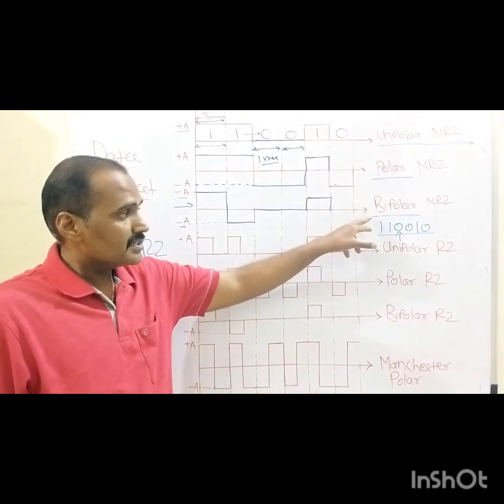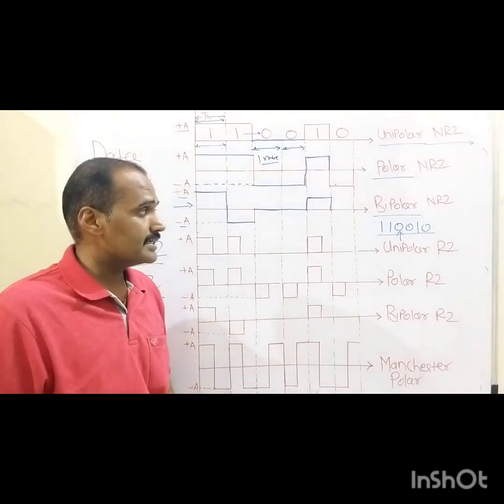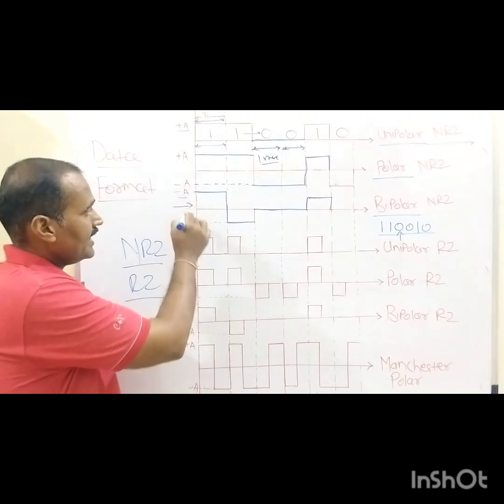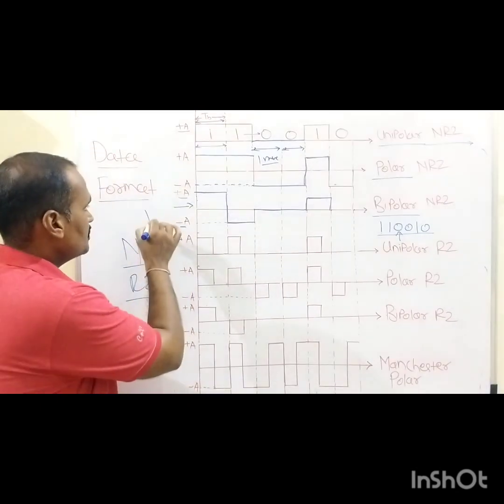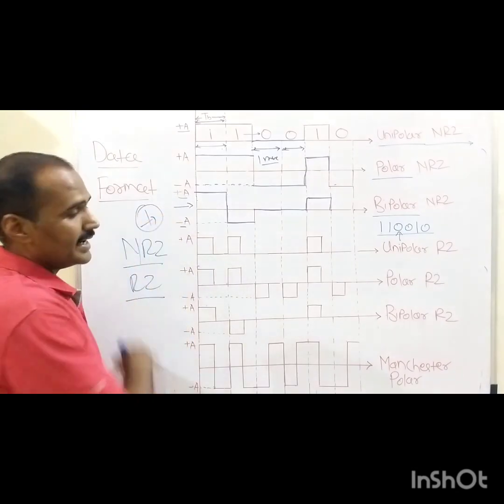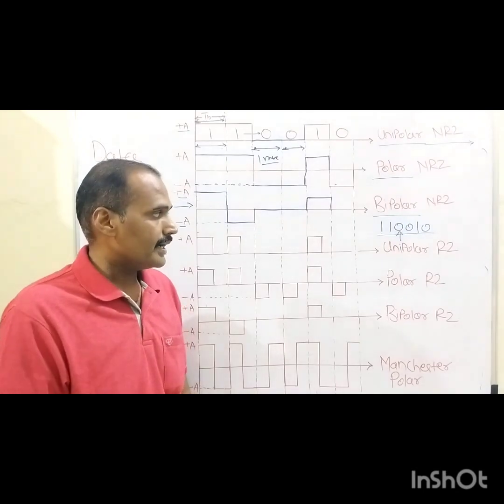But for the third symbol sequence, bipolar NRZ, the plus A and minus A volt, positive and negative voltages, are exclusively used to represent binary 1 in alternate manner, and are not adopted for binary 0.